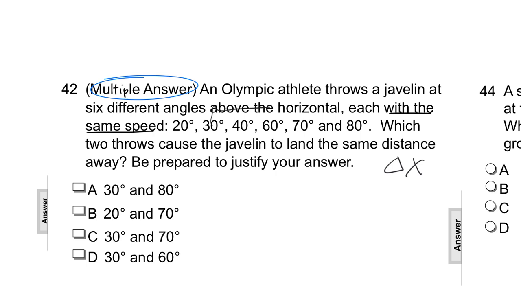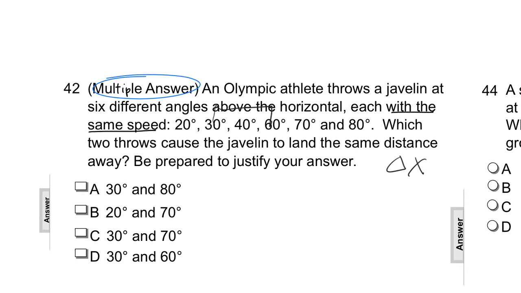So 60 and 30 does it. 40 and 50 does it, I don't see that. 70 and 20 does it, because they're complementary. And that's it. So 30 and 60.